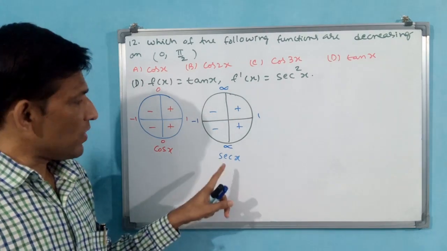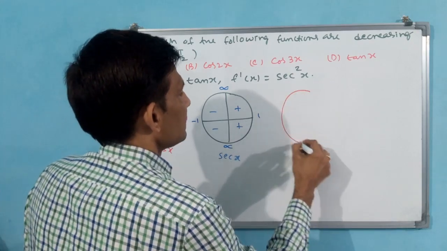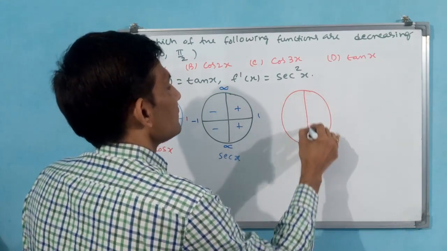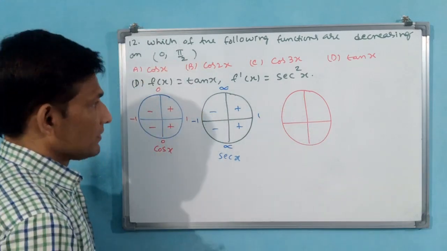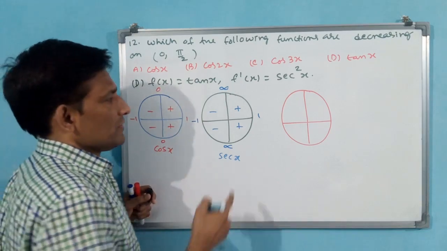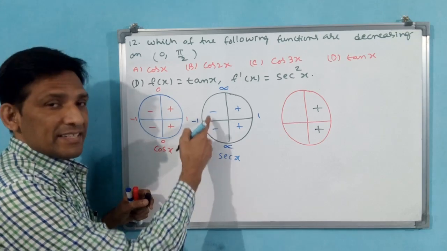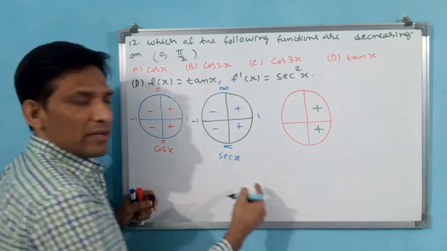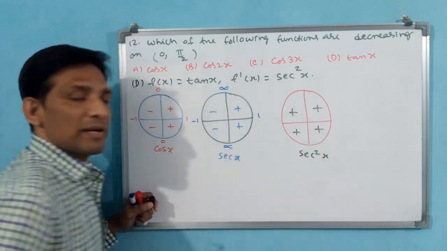Now go for secant square x. This is square. Now carefully observe what I am doing. These two are plus, but what about minus? If you square it, minus also is going to become plus.